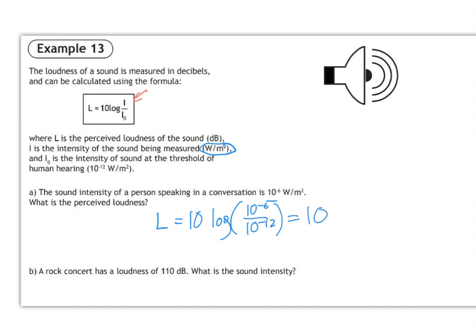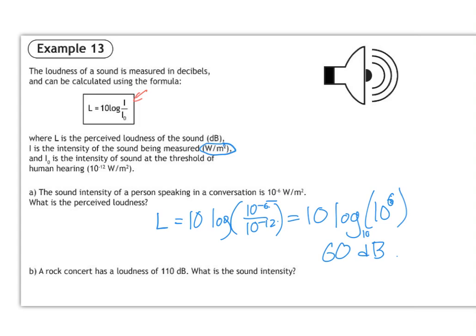I'm going to rewrite that as 10 log, and based on exponent rules, negative 6 minus negative 12 is 10 to the 6th. We know that this is log base 10, and 10 to the 6th power is going to be 6. So this is going to be 6 times 10, which is 60 decibels.